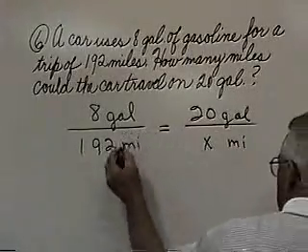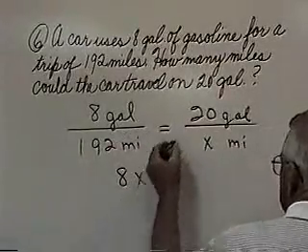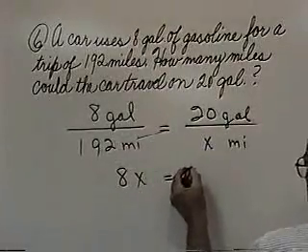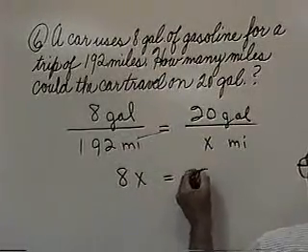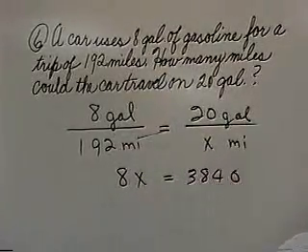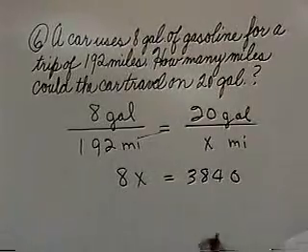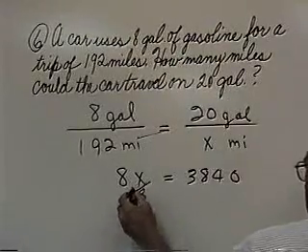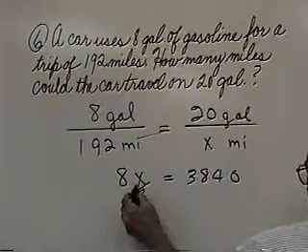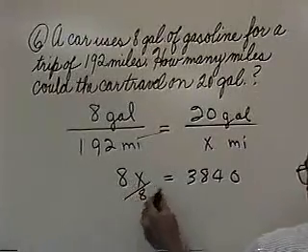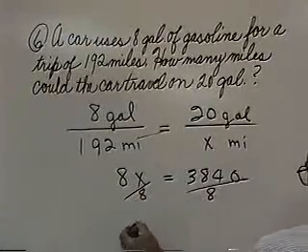Okay, cross multiplying, I get 8 times x. And multiplying here, I get what? 3840. Okay, then dividing both sides by whatever it is times the x. Whatever's times the x, you divide both sides by.